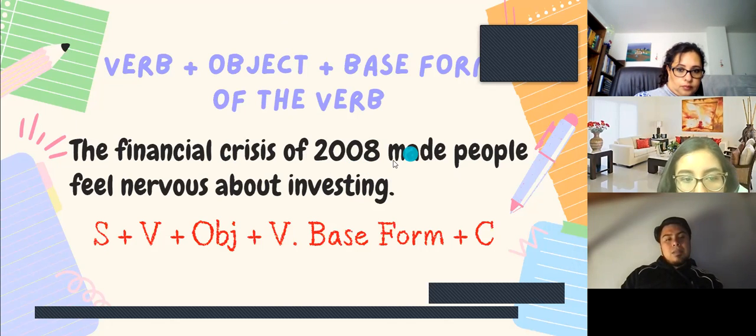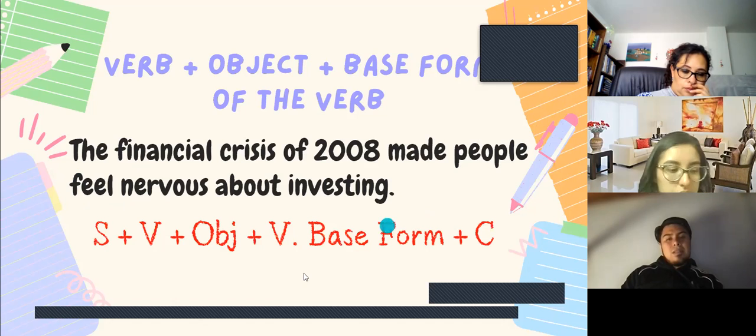Then we have the first verb of the sentence, that is made. Then we have the object of the sentence, in this case people. And then we have the second verb of the sentence, but in this case in the base form of the verb. And then obviously we have the complement of the sentence.